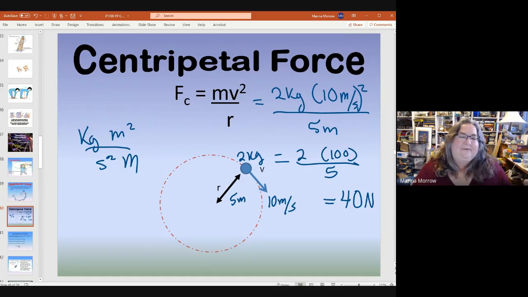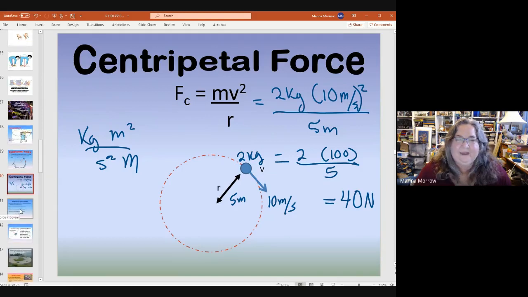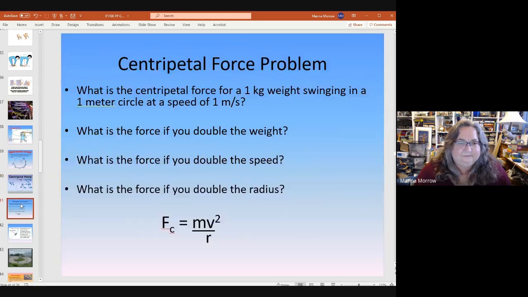So anyway, it turns out to be still newtons, okay? So kilograms, meters over seconds squared. Mass times acceleration.